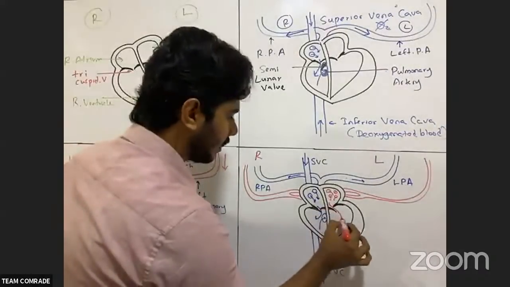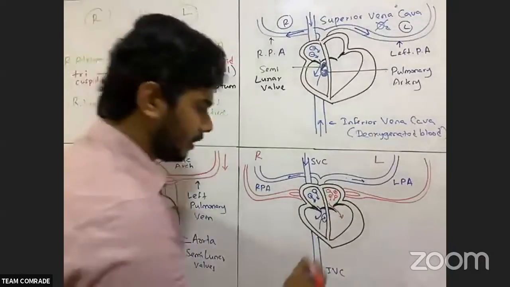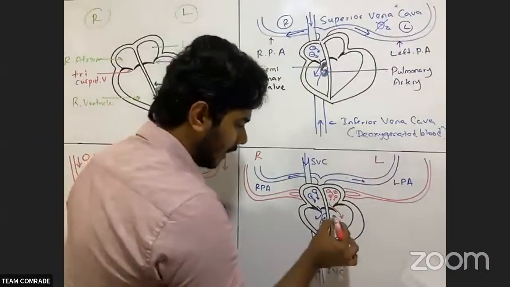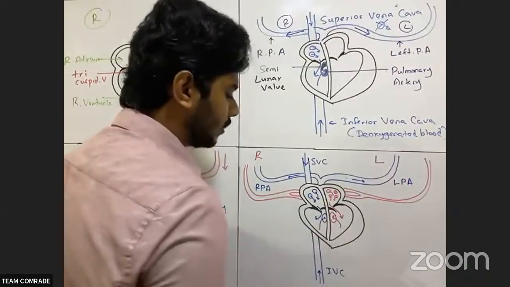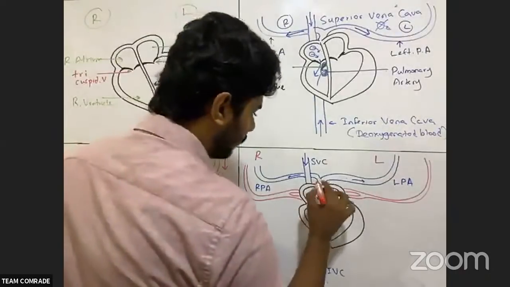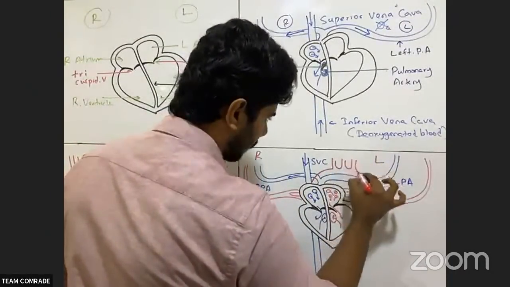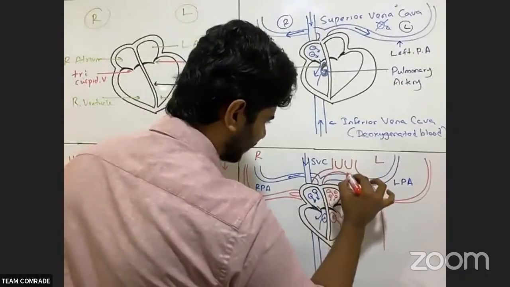Then what are they doing? They are going through the bicuspid valve into which ventricle? The left side ventricle. And here I can see the aortic opening with the semilunar valve. So blood is draining into the aortic opening. Now from here, it starts to come like this, and the blood is going like that.